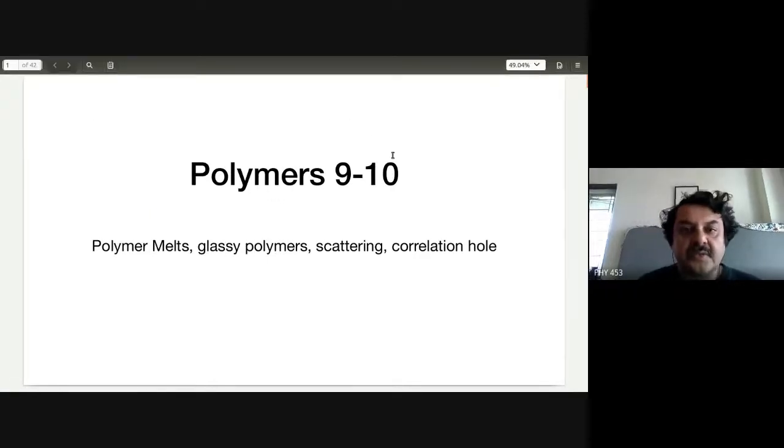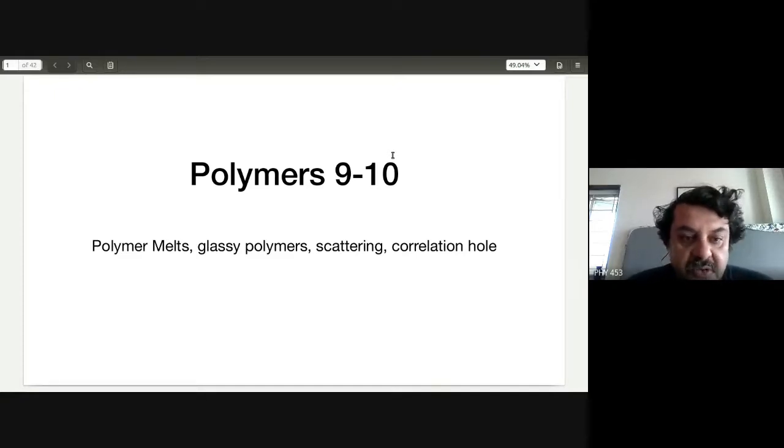So, in this week, we'll be discussing polymer melts and, in the same context, glassy polymers. What are polymer melts? I shall explain in the next slide.